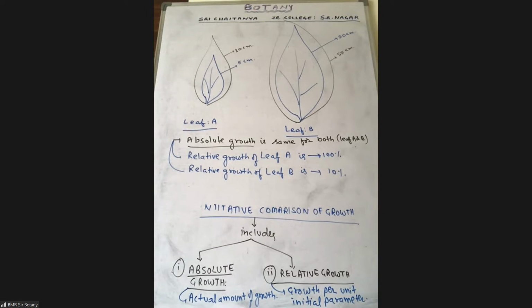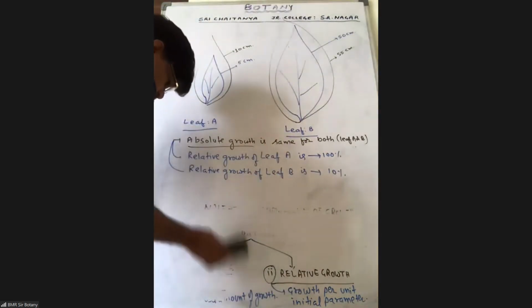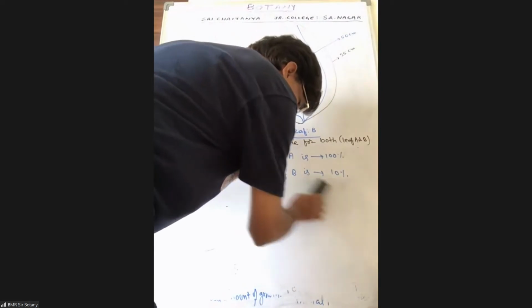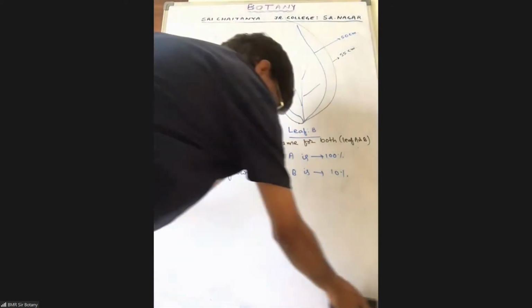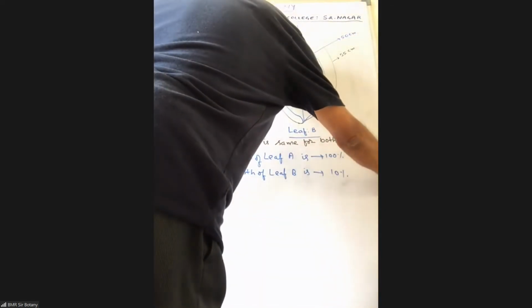Sir, can you say why relative growth of leaf B is 10%?